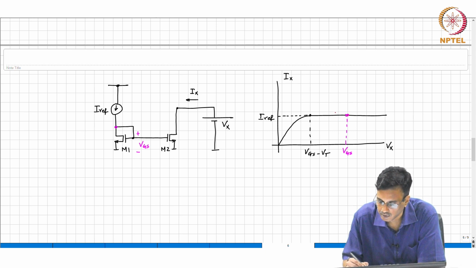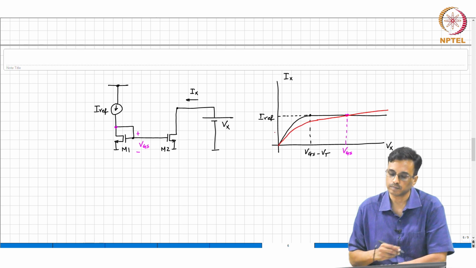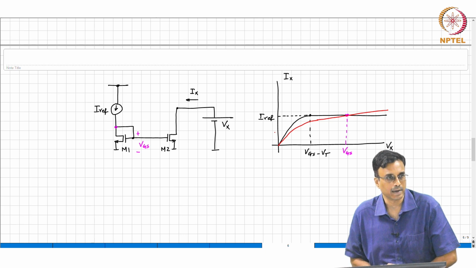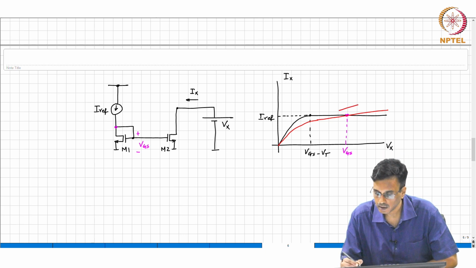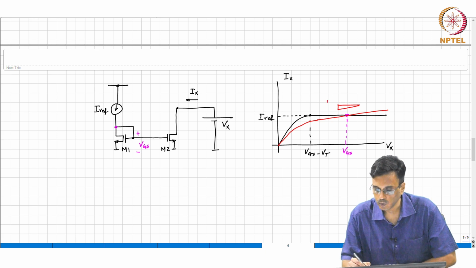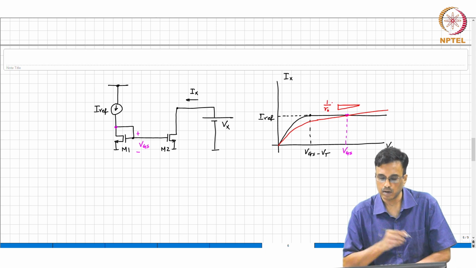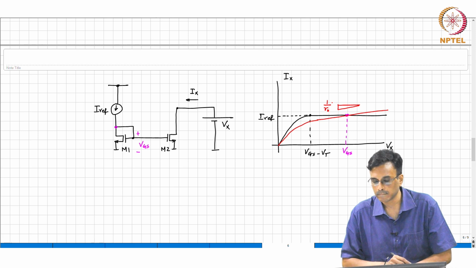So, this is an exaggeration. The curve probably looks something like that, okay. And this slope is 1 by lambda Iref, right.